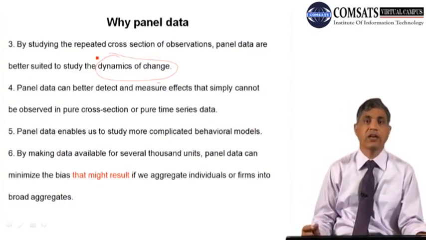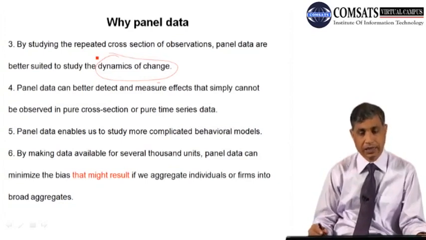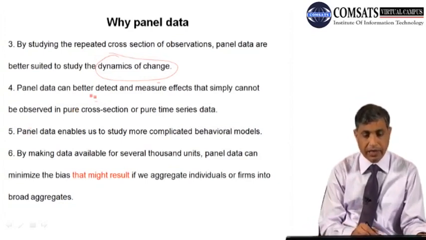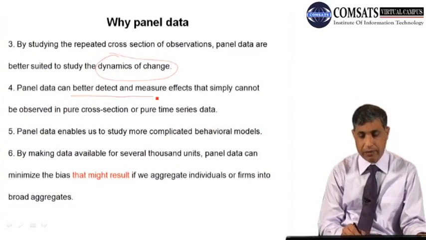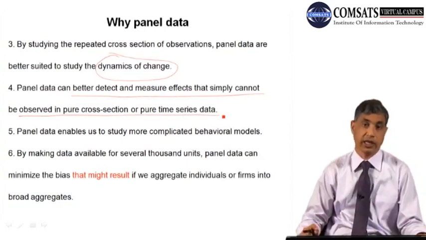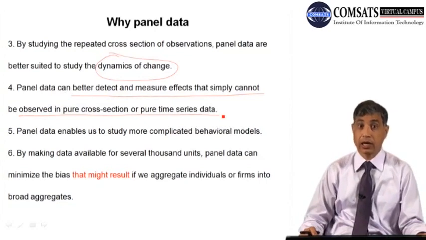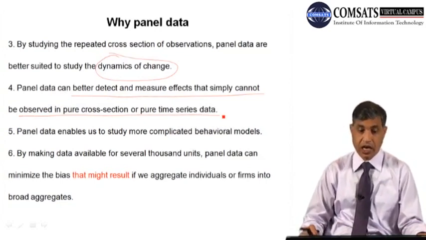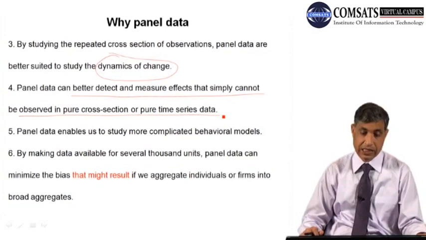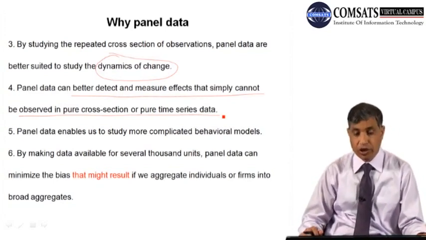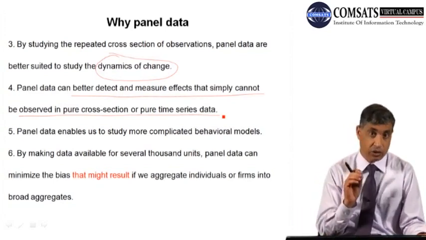The fourth reason why we use panel data is that it can better detect and measure effects that simply cannot be observed in pure cross-sectional or pure time series data. This is a very strong quality, the salient feature of panel data. It has the potential to measure those effects.